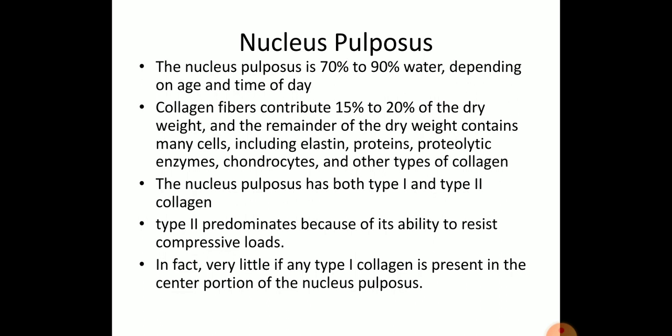Collagen fibers contribute about 15 to 20 percent of the dry weight, and the remainder of the dry weight contains many cells including elastin, proteins, proteolytic enzymes, chondrocytes, and other types of collagen.